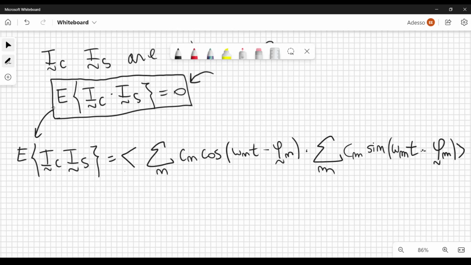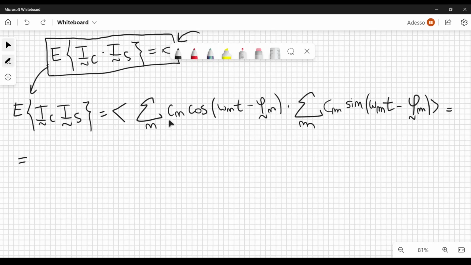like this. And now I can split the product of these two summations into a sum of two different summations. In particular, a summation where n is equal to m and another summation where n is not equal to m. So let's do it.